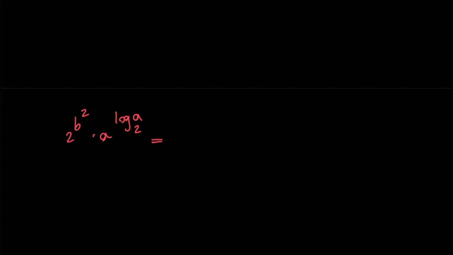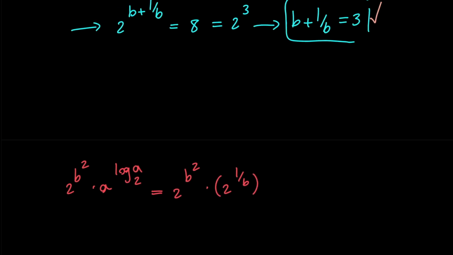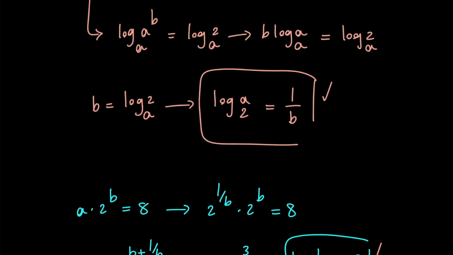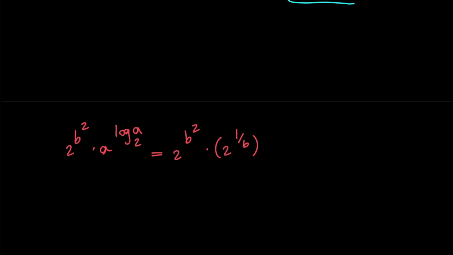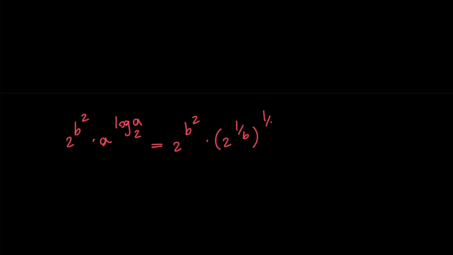So we have 2 to the power of b squared times 2 to the power of 1 over b raised to the power of log a with base 2. But remember that log a with base 2 is 1 over b, right? So we have 1 over b here. And this means that we have 2 to the power of b squared times 2 to the power of 1 over b squared. And this is equal to 2 to the power of b squared plus 1 over b squared.